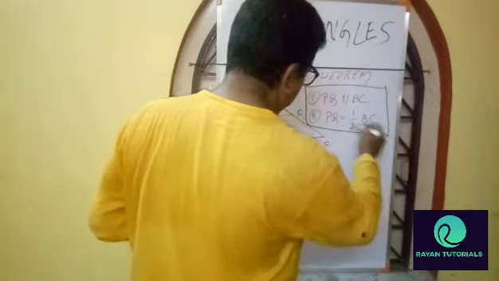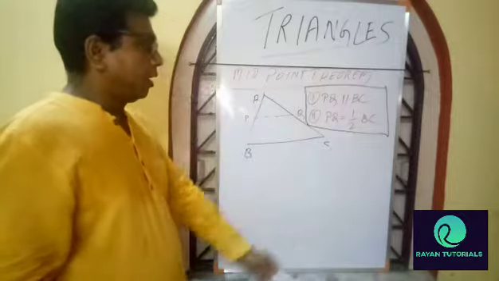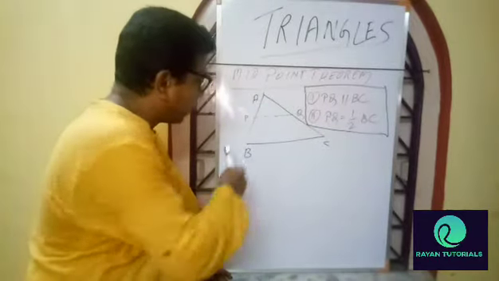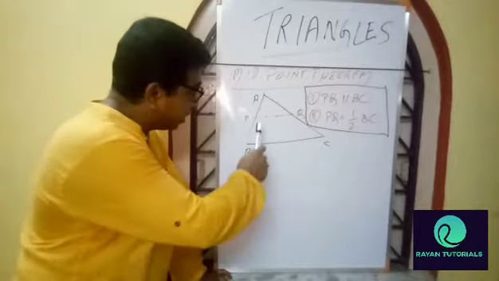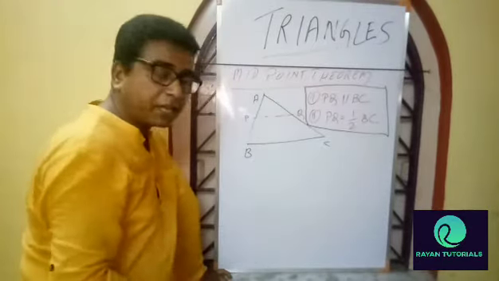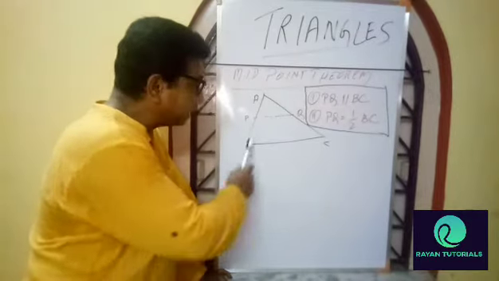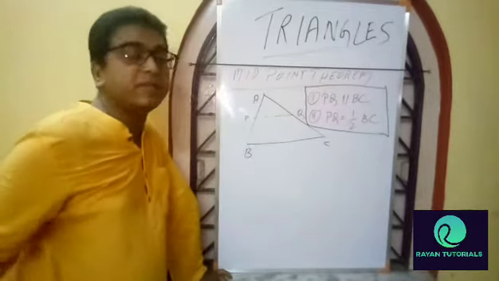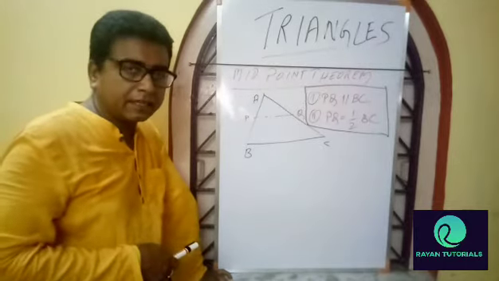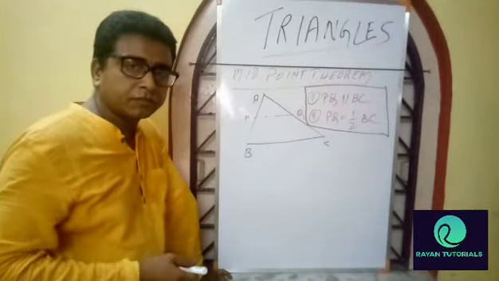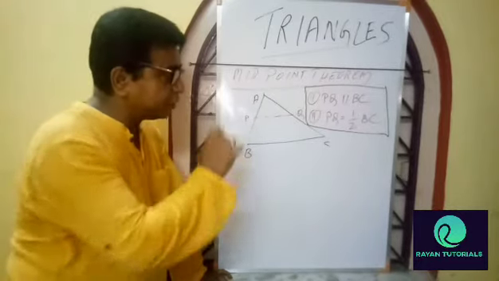There are a lot of applications of this theorem in geometry. Whenever you get two midpoints and you join them, PQ will be parallel to BC and PQ will be half of BC. The proof is there, but no need. Just remember this theorem.